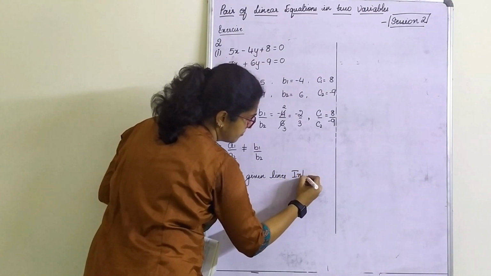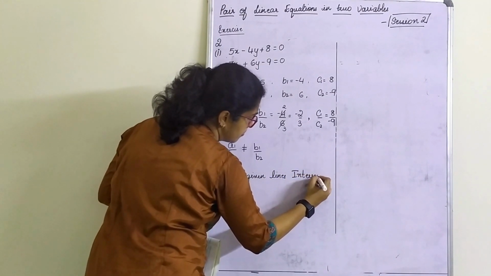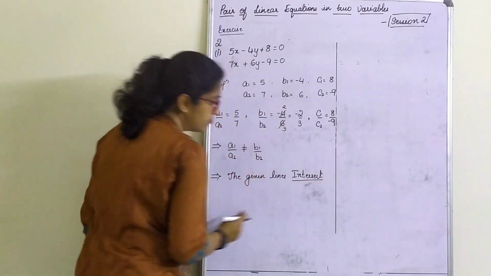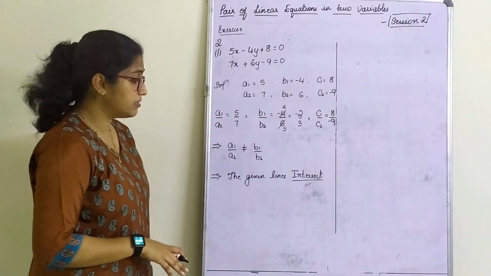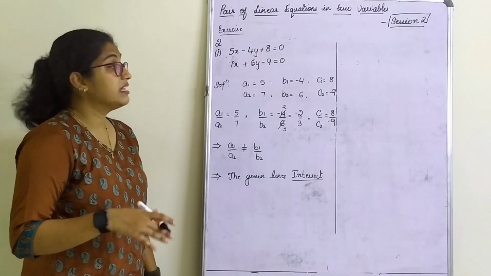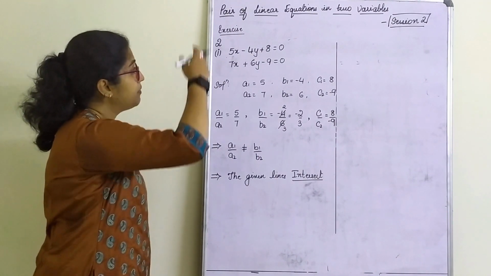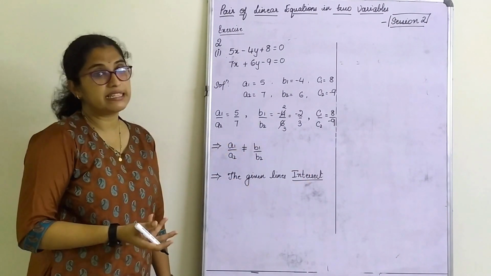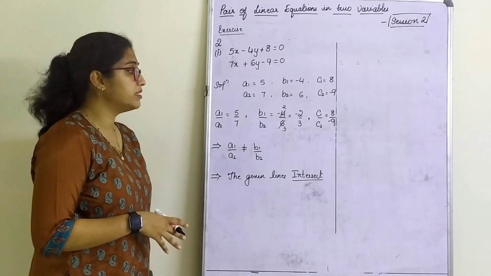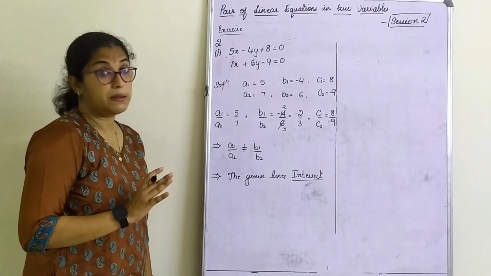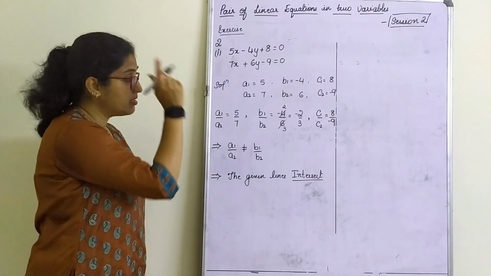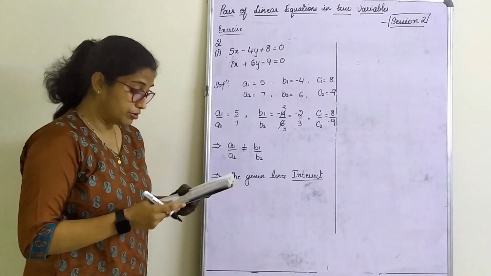Simple enough. Highlight it. It's understood, you have got the answer. The given lines, or the given pair of linear equations of the lines, intersect. It's the same thing. We only want to know whether they intersect, are coincident or parallel. This is the method and this is the way you have to carry this out.